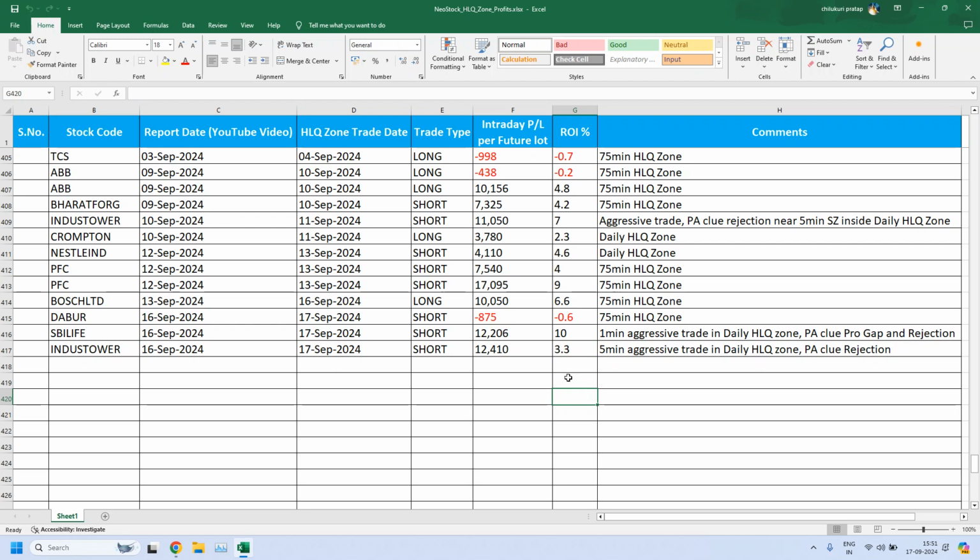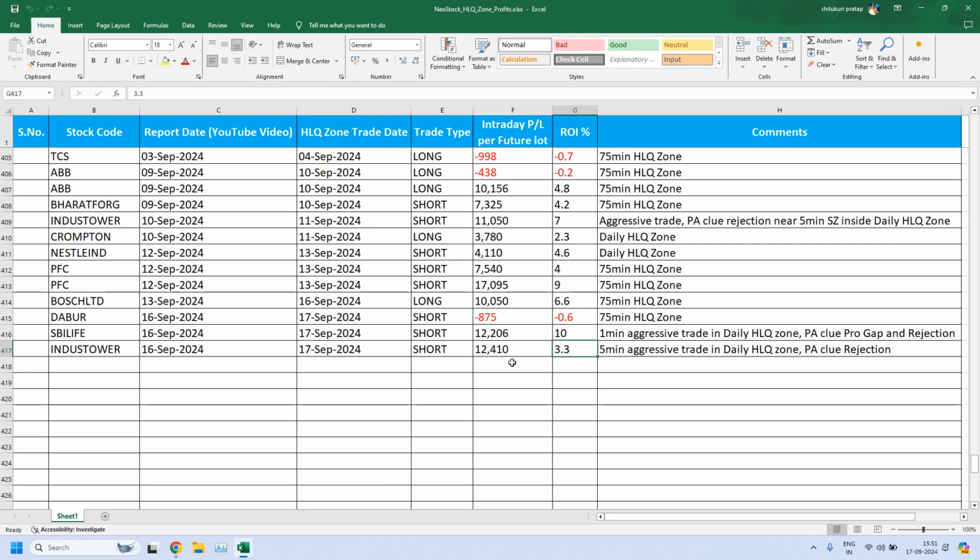Suppose I have only 2 lakhs with me. Can I buy this future? No, I cannot buy this future. But definitely I can buy this future. I can go for a short here. Here I cannot go for a short. So based on your investment, the ROI will change. Please remember this point.